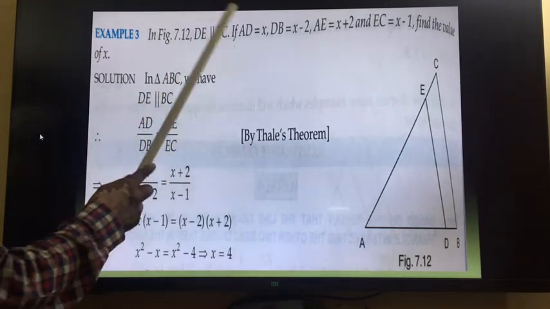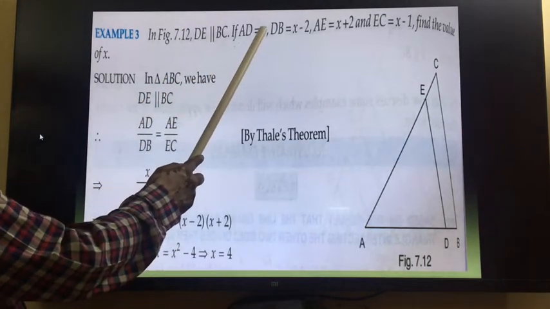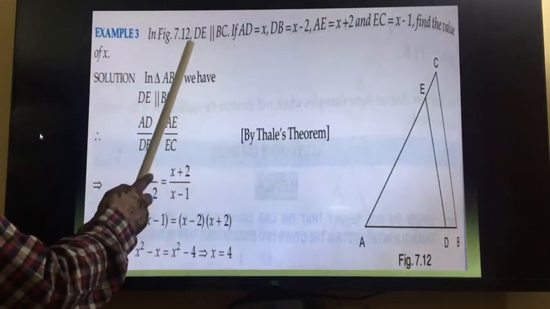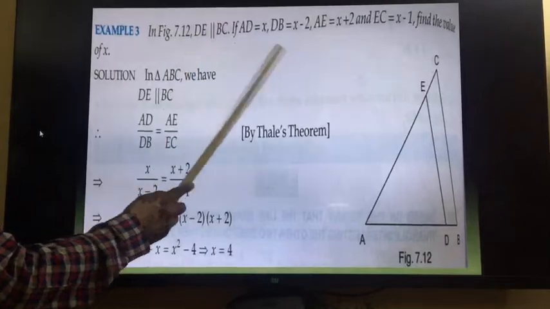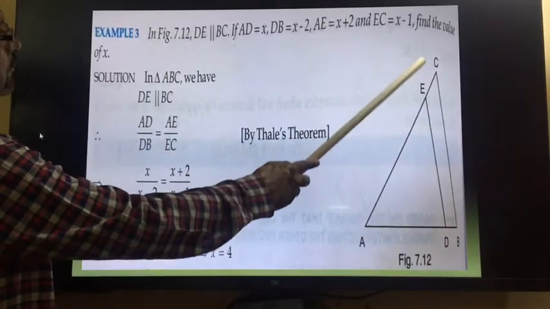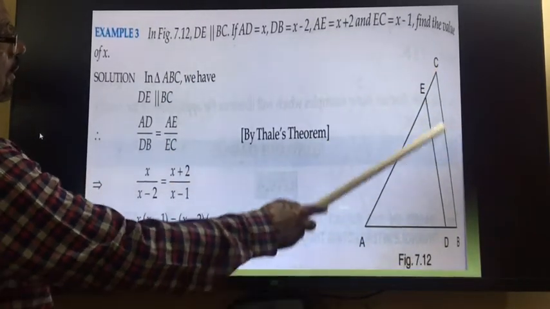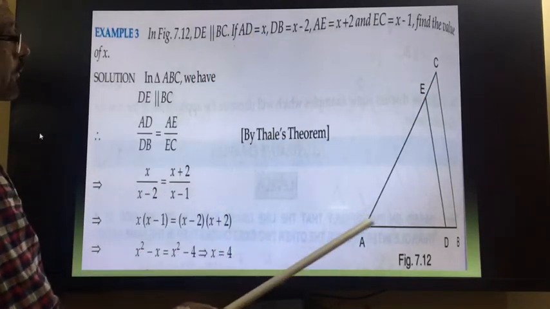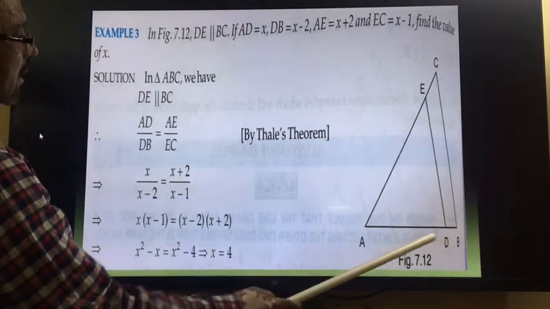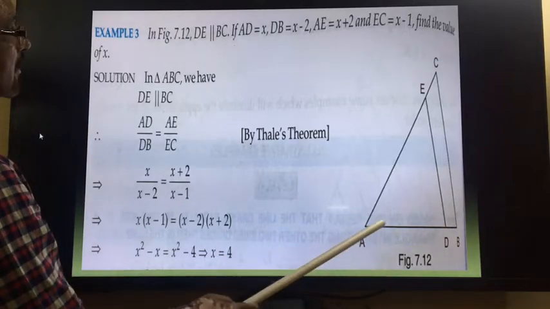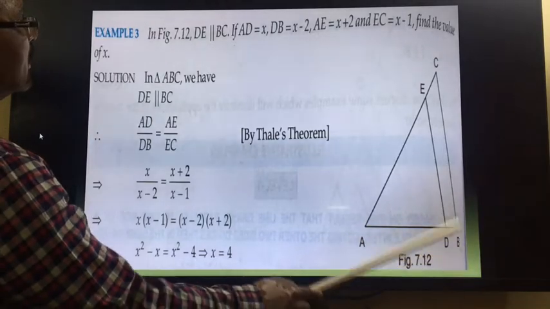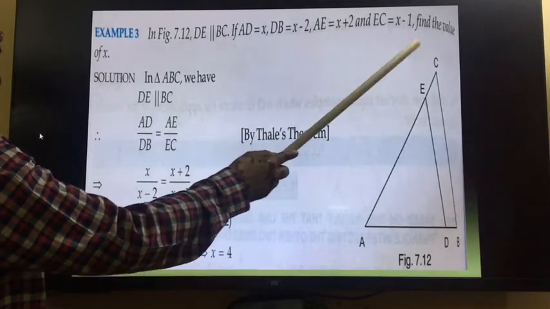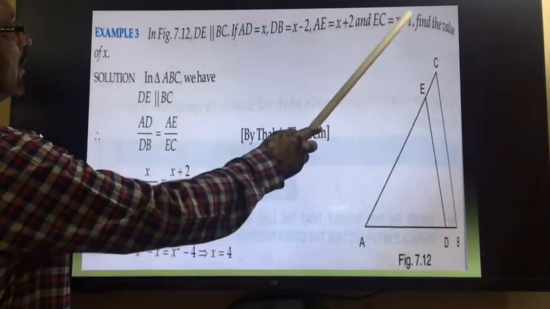Here the difference is they are not giving the values, they are giving the values in terms of x. So in the figure, DE line is parallel to BC. It is given AD is equal to x and DB is equal to x minus 2, AE is equal to x plus 2 and EC is equal to x minus 1.